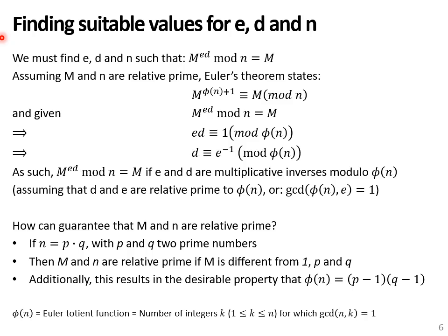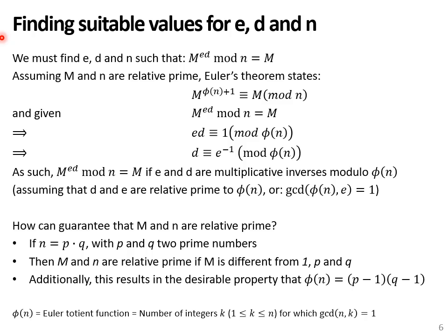If we now state, however, that n equals the product of two prime numbers p and q, then we can guarantee that m is relatively prime to n if it is different from the values 1, p, or q.